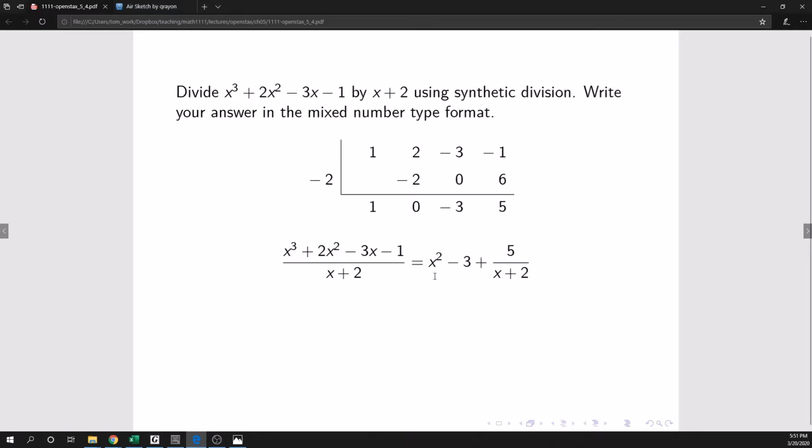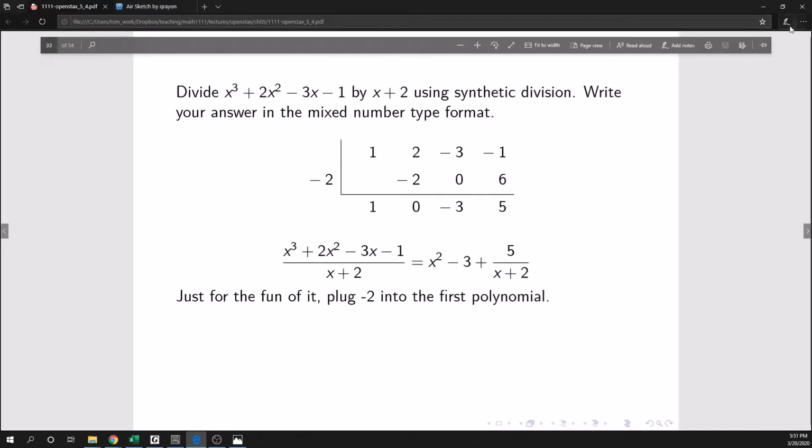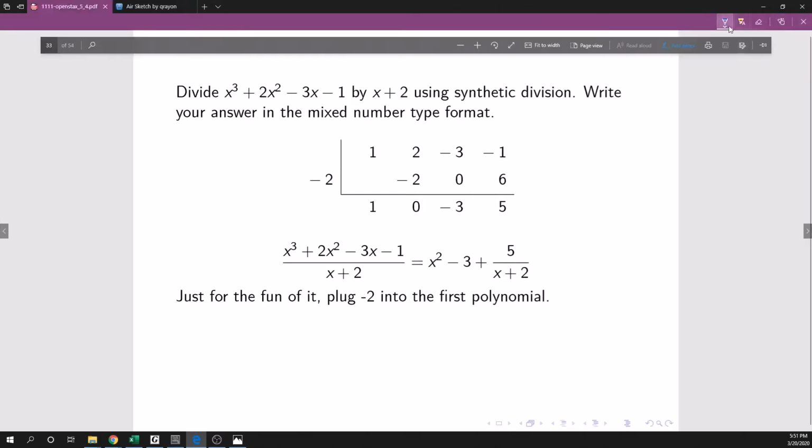All right, so next up, let's plug in a minus 2 into the first polynomial, this polynomial right here. And really, we know what's going to happen. We know that we will get a 5 right here, the remainder. Okay, but let's go ahead and do it anyway. So we plug in the negative 2.